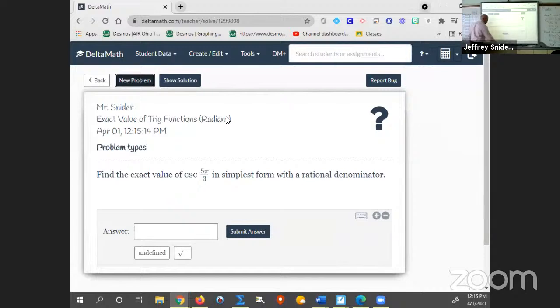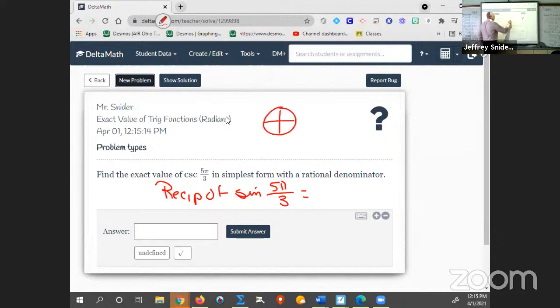If I see cosecant 5 pi over 3, it's the reciprocal of sine 5 pi over 3. What is the sine of 5 pi over 3? What's the sine of this? That's this guy right here. What's the y value? Negative radical 3 over 2. So then I have to flip it.